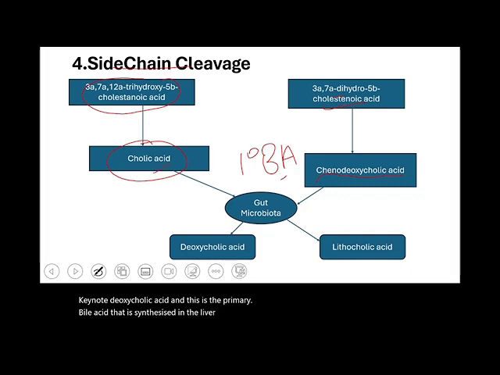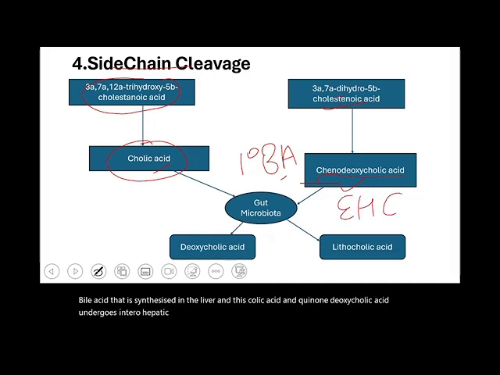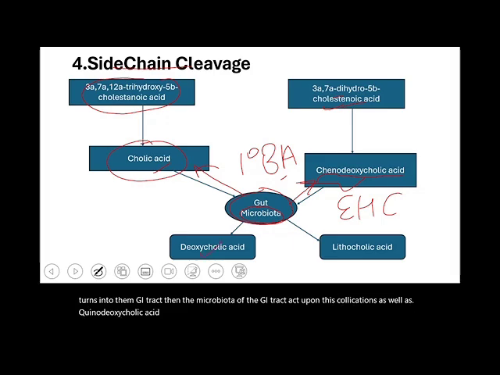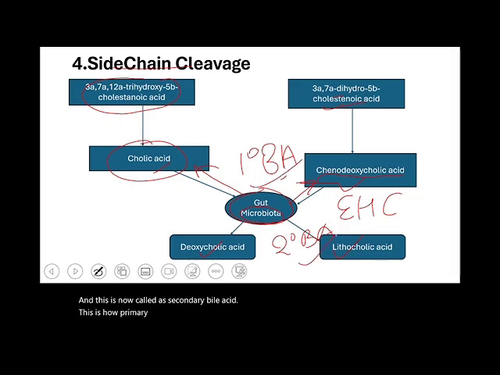Cholic acid and chenodeoxycholic acid undergo enterohepatic circulation, and when they enter the GI tract, the microbiota of the GI tract act upon them and convert them into deoxycholic acid and lithocholic acid, which are now called secondary bile acids. This is how primary and secondary bile acids are synthesized.